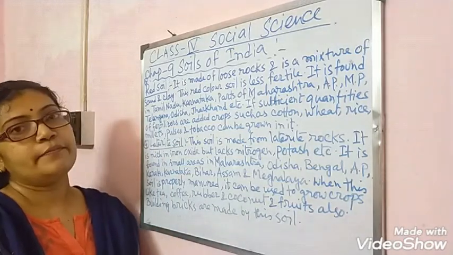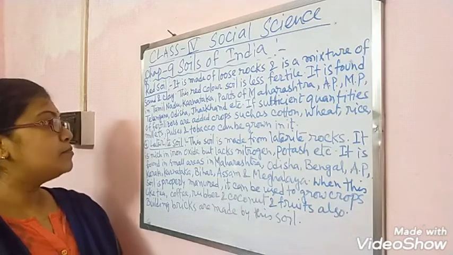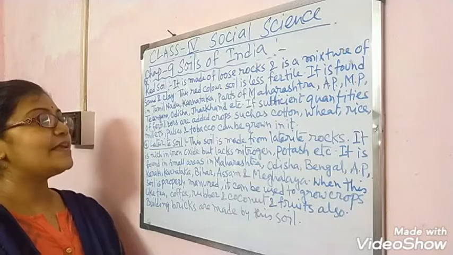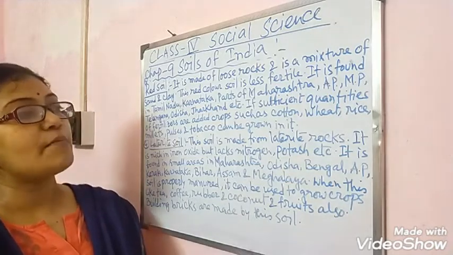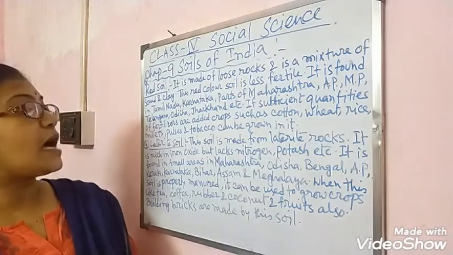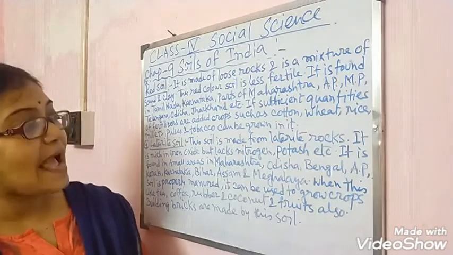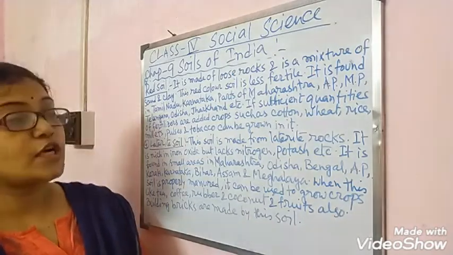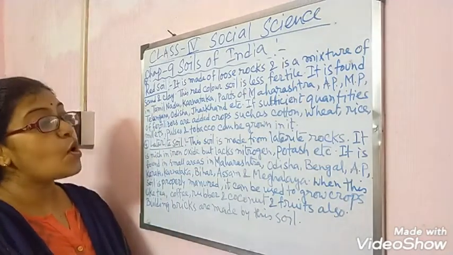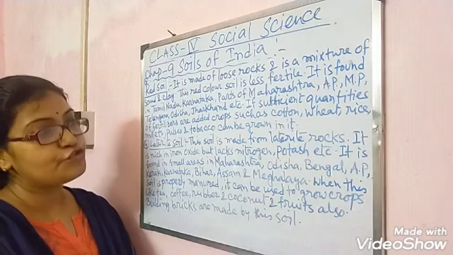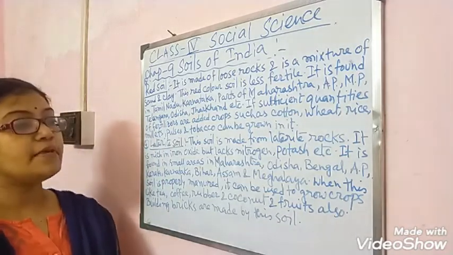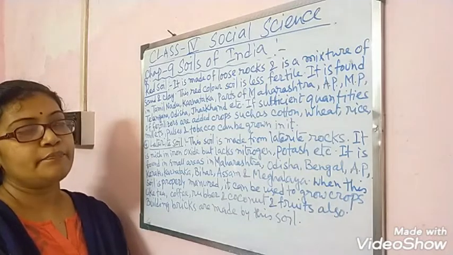in this soil. Okay. Now come to the next point, that is laterite soil. What is laterite soil? This soil is made from laterite rocks. It is rich in iron oxide but lacks nitrogen, potash, etc. It is found in small areas of Maharashtra, Odisha, Bengal, Andhra Pradesh, Kerala, Karnataka, Bihar, Assam and Meghalaya.